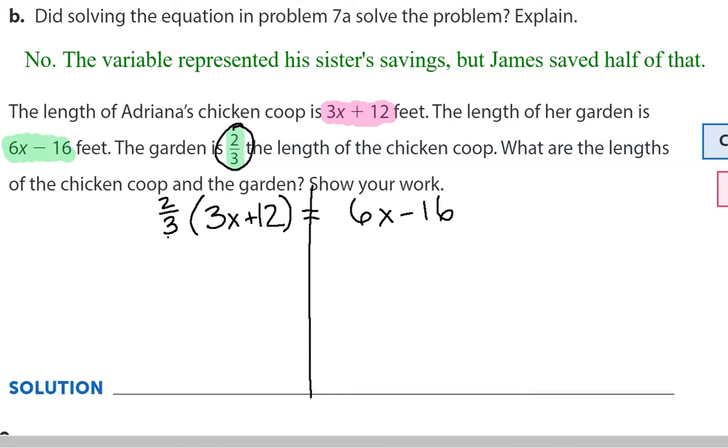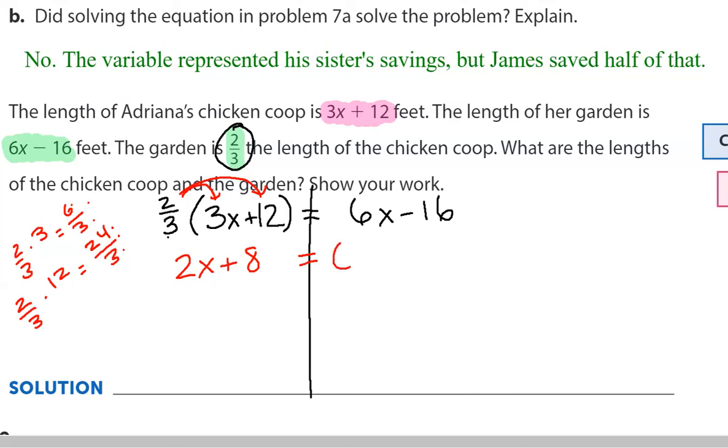Okay, so 3 times 2/3 is 6/3. 6 divided by 3 is 2x. Going to distribute the 2/3 to 12. 2 thirds times 12 equals 24 thirds. 24 divided by 3 is 8. And those we're adding. And then we didn't mess with this side because we were just distributing.